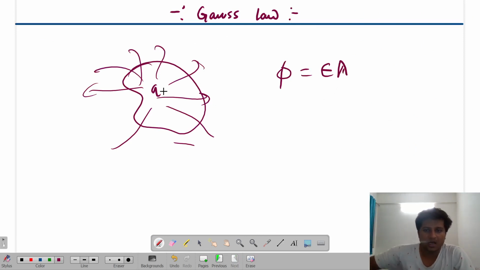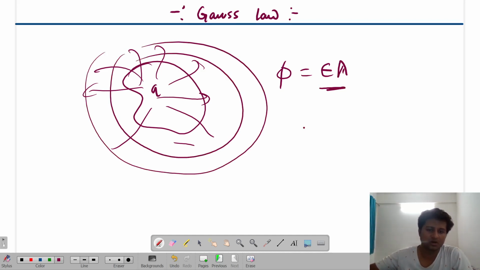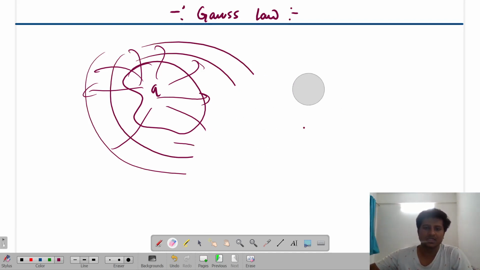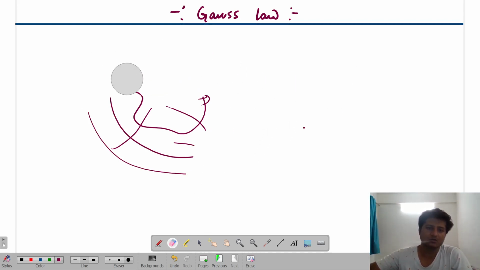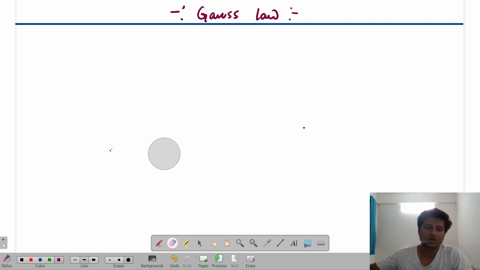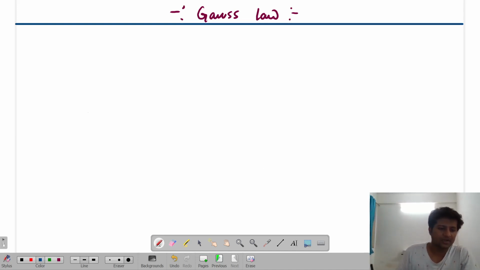But for a charge enclosed over here, this principle will not be valid, meaning this principle will vary as I consider different areas. So to remove this discrepancy in a much greater sense, the Gauss law was brought, which could talk about what happens when the charge is enclosed within an area. So the statement is very simple.